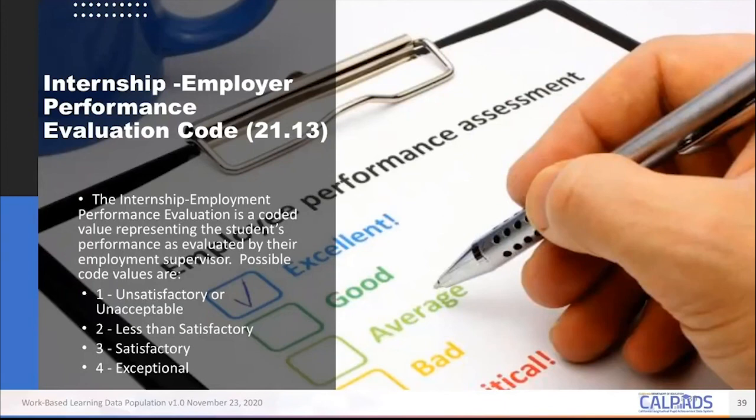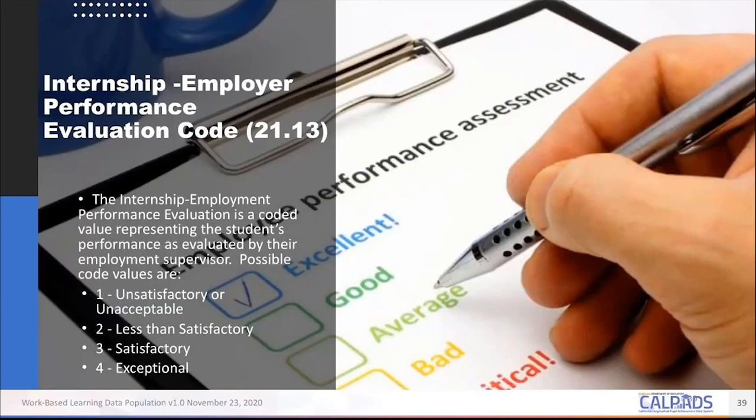And then satisfactory is when the employer evaluates the student's overall internship performance as less than exceptional but satisfactory based on those 4 categories. So minimally, the student must earn a rating of satisfactory in all 4 categories, right? And then exceptional is at a minimum, the student would earn a rating of exceptional in 3 of those 4 categories that we talked about, and no rating less than satisfactory.